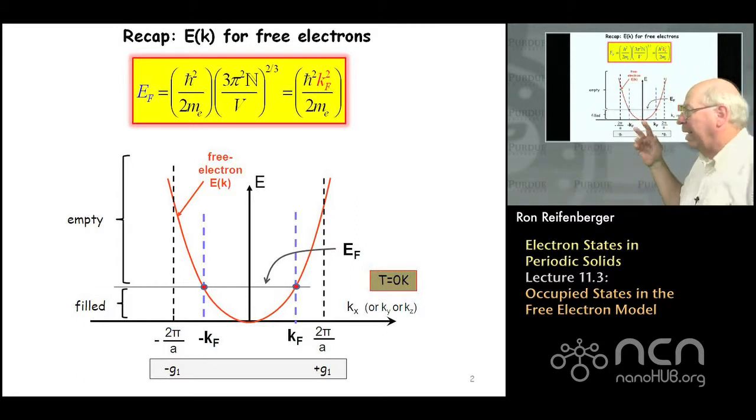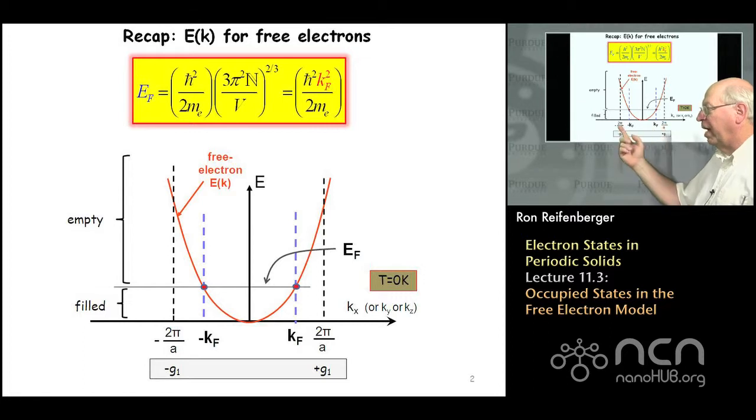The picture that is associated with this formula is a free electron parabola, which indicates the energy versus k vector. The first reciprocal lattice vectors are indicated on this axis.